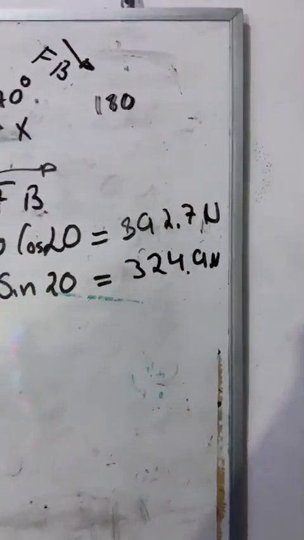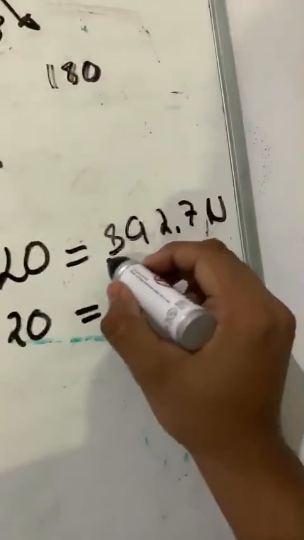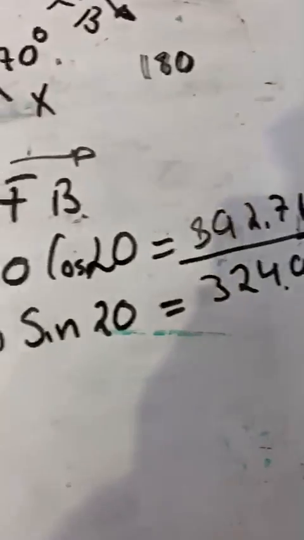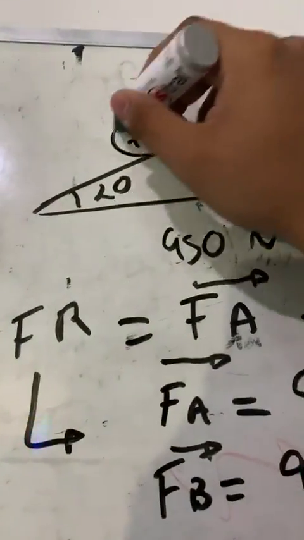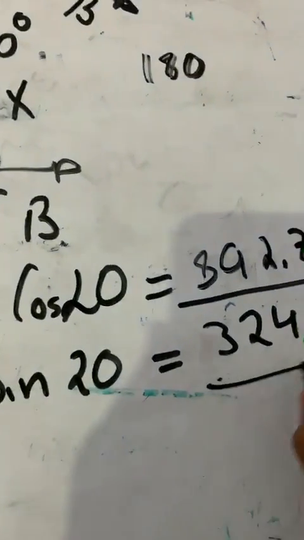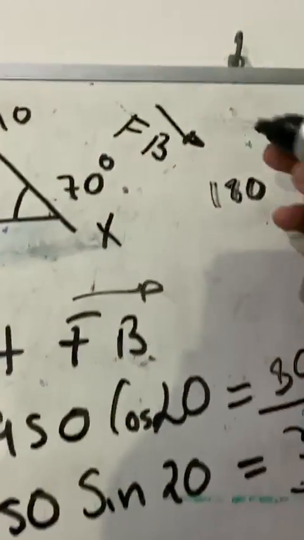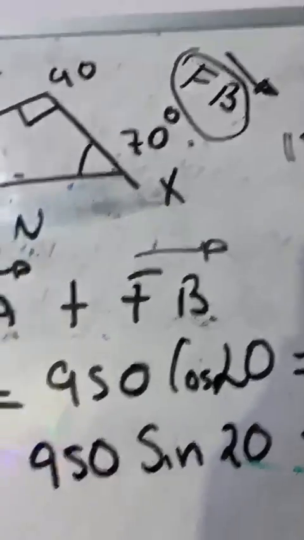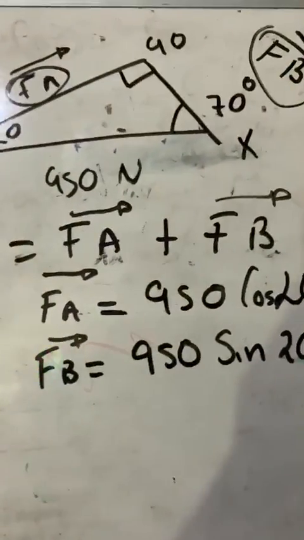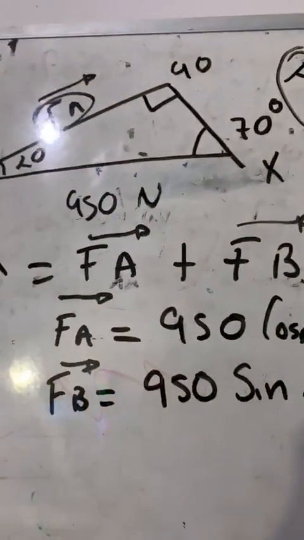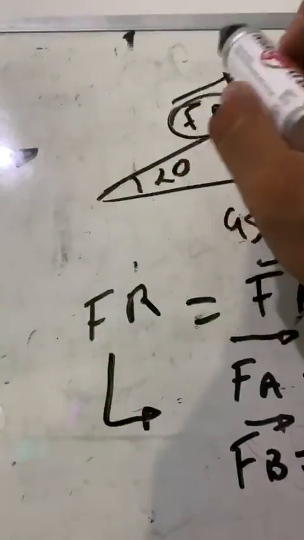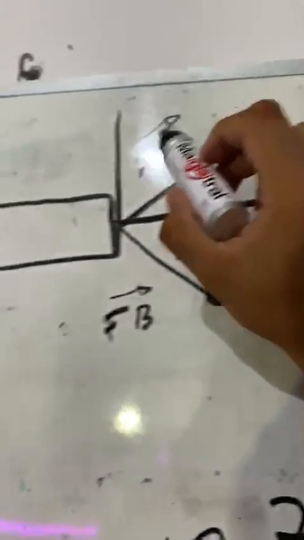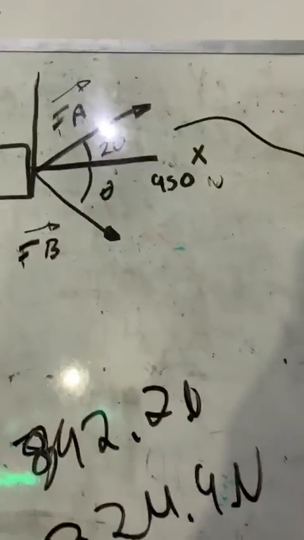And that means that this vector is the magnitude of Fa, and this one is the magnitude of Fb. So now here we have the first force, force A, and this force A is this. Now we are going to calculate force B.